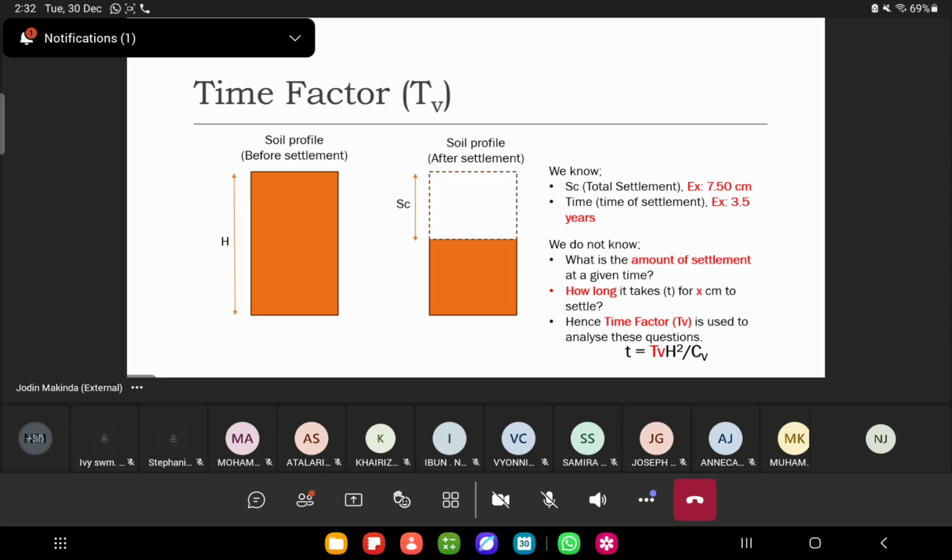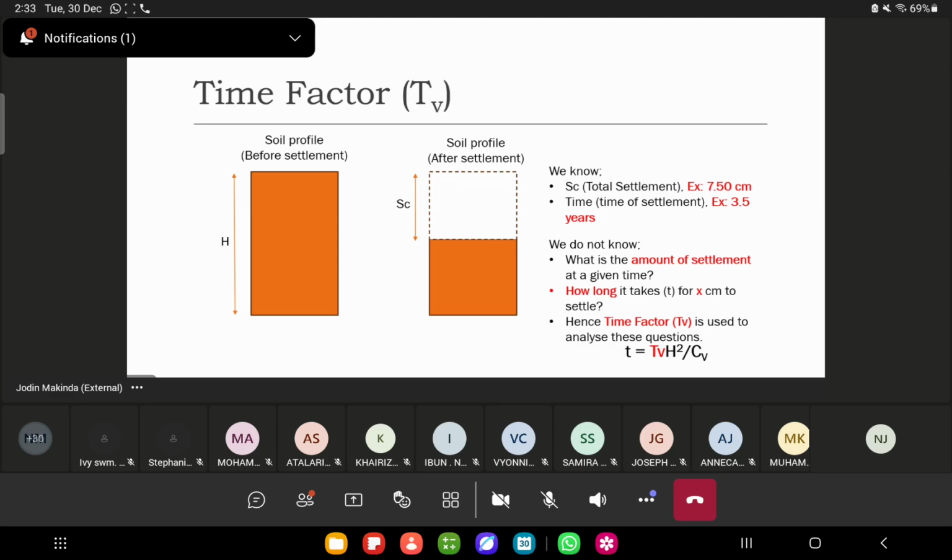What we don't know is the amount of settlement at any given time. Yeah, we only know the total settlement at the end of the settlement process. We do not know the settlement at any given time. Yeah. Also, how long it takes for a centimeter to settle, we do not know.